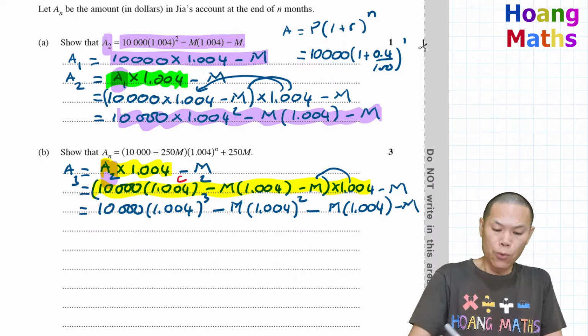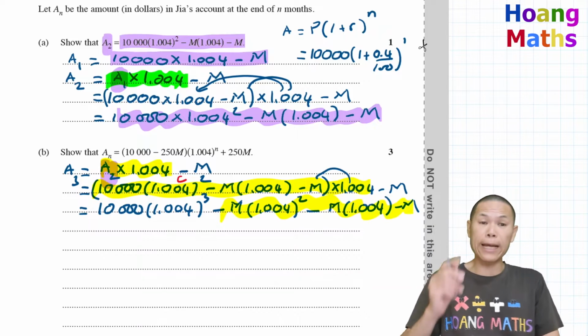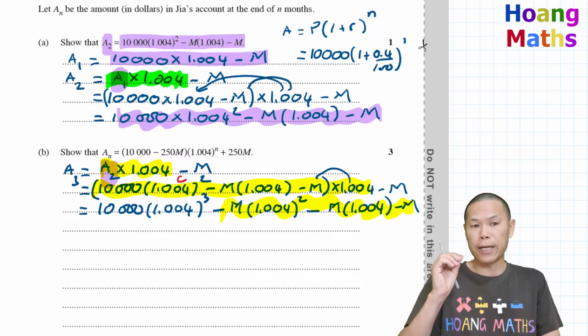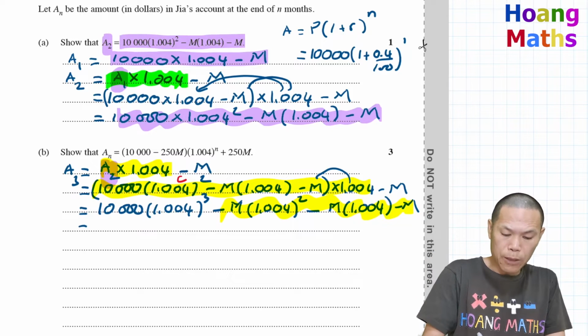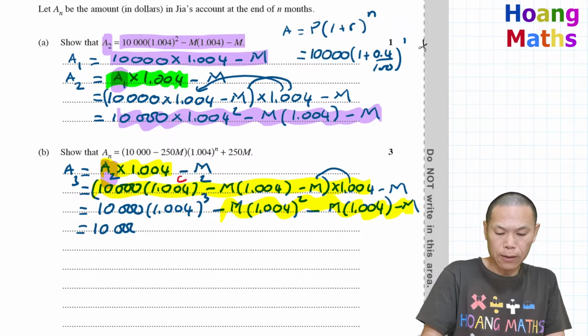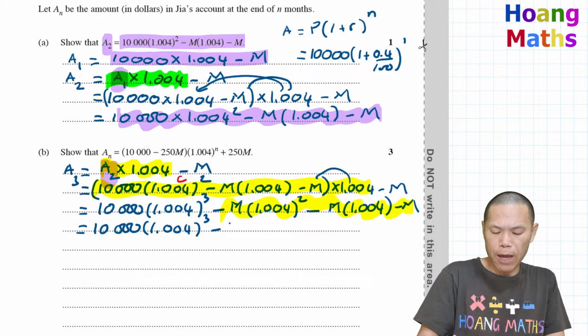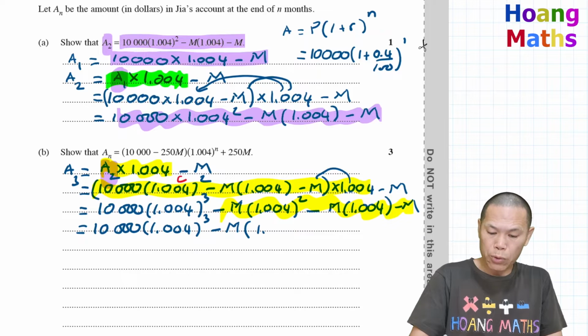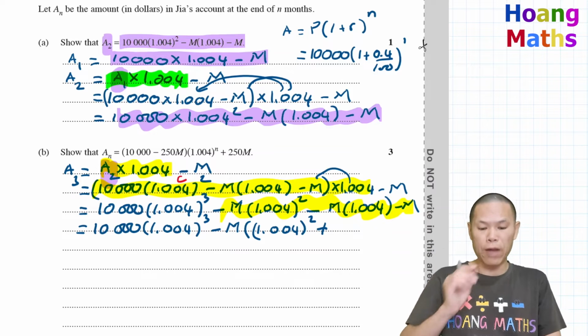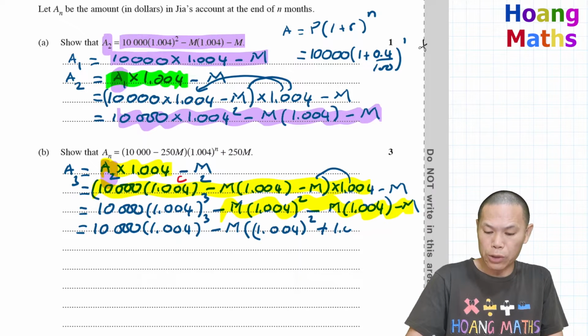So what I do with these terms here, I take out the negative M factor. So if I take negative M factor out, that will give me 10,000 times 1.004 power of 3, negative M out. So therefore that will give me 1.004 squared, this is another bracket here. And plus, because I took negative M out, that becomes 1.004 and we plus 1.